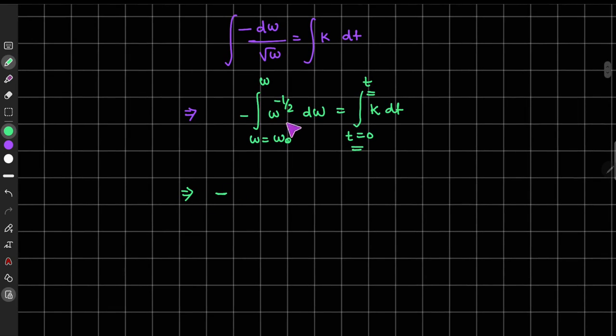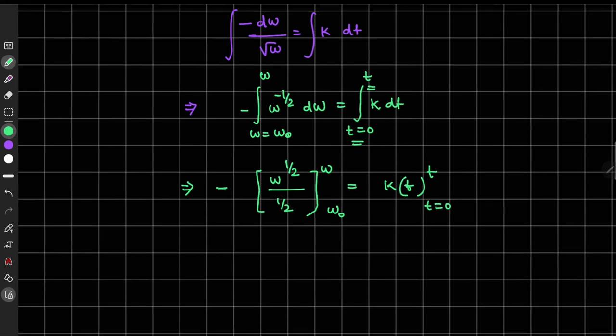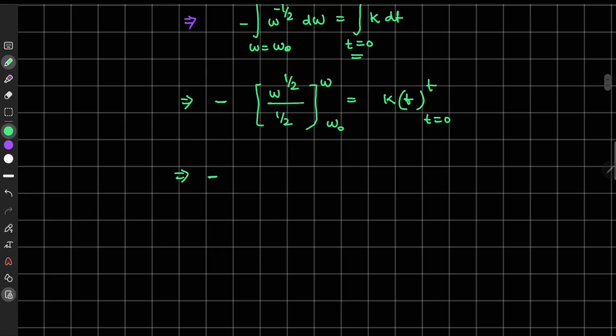Integrating, we get omega to the power half divided by half from omega naught to omega equals k times t. So we can write minus 2 times omega to the power half minus omega naught to the power half is equal to k t.